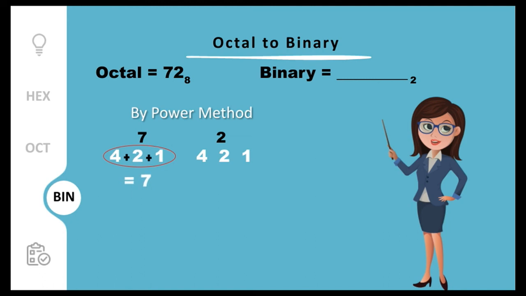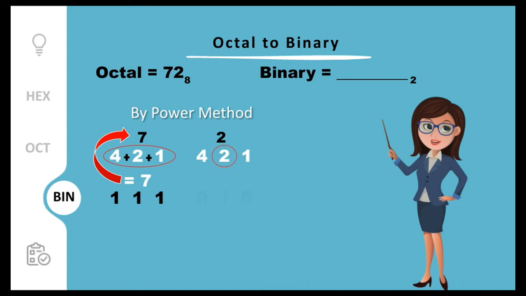And 7 is equivalent to the octal digit 7. So it means that we use the 3 powers of 2. So the equivalent of this number is 1, 1, 1. And on the right part, with 1, 2, and 4, the only number that we can use to have 2 as a sum is number 2.